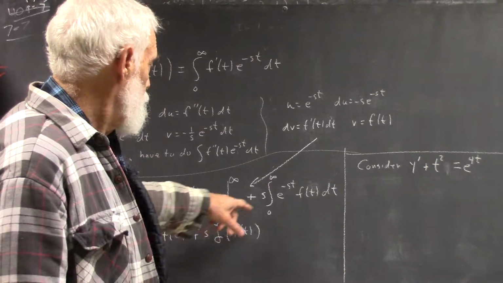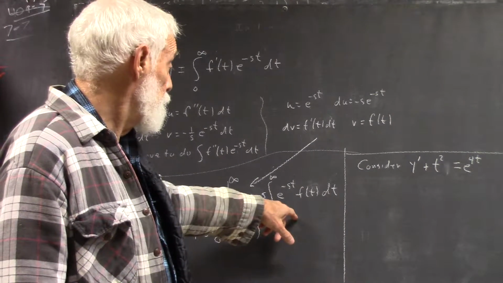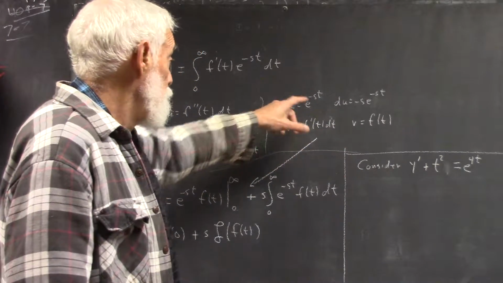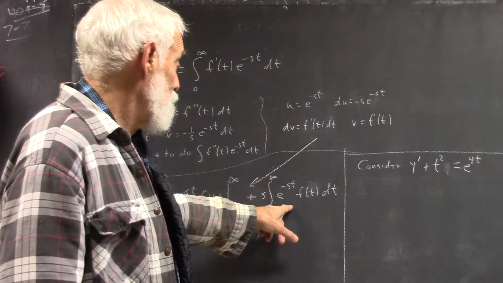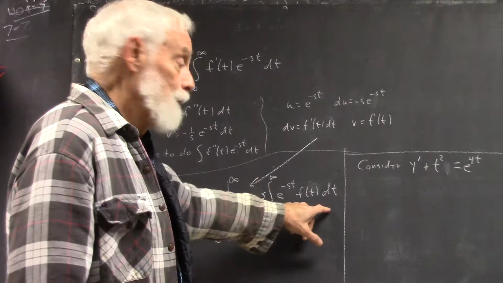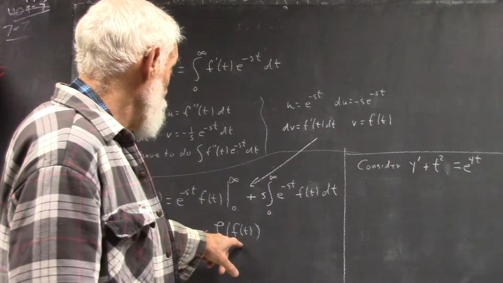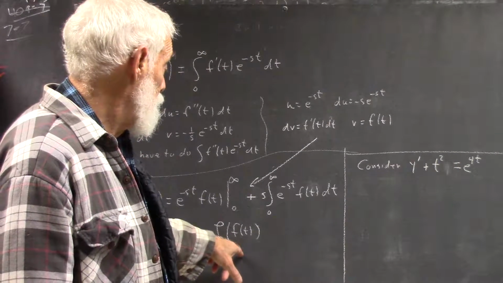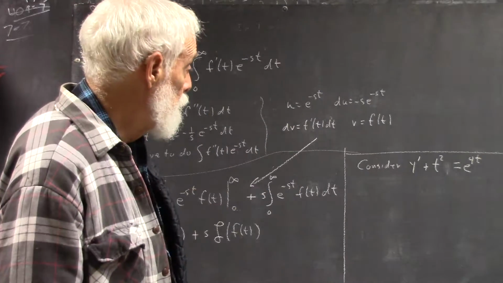Okay? Over here, well, what you get if you just write down your v du is this, and this integral is just the Laplace transform of f of t. So it's s times the Laplace transform of f of t.